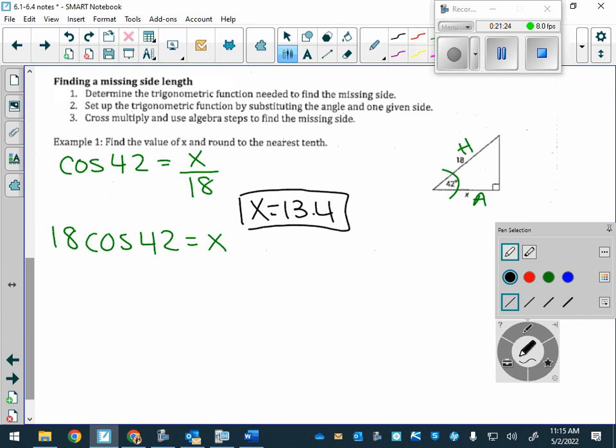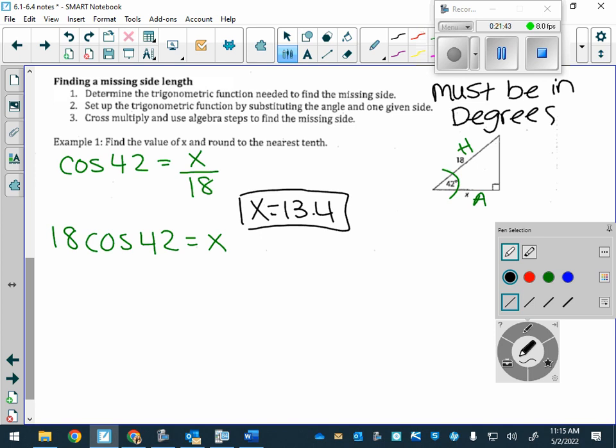One thing to keep in mind, you must be in degrees. If you were in radians, you would get a negative value. That's when you know you're not correct. So 13.4 is your missing side length.